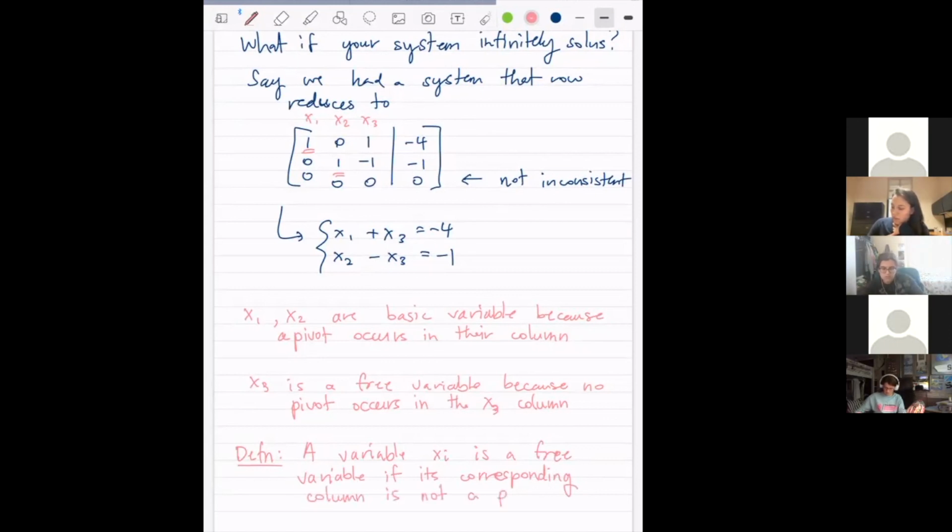And remember that we defined pivot column earlier today. That was just a column in which a pivot occurs, right?